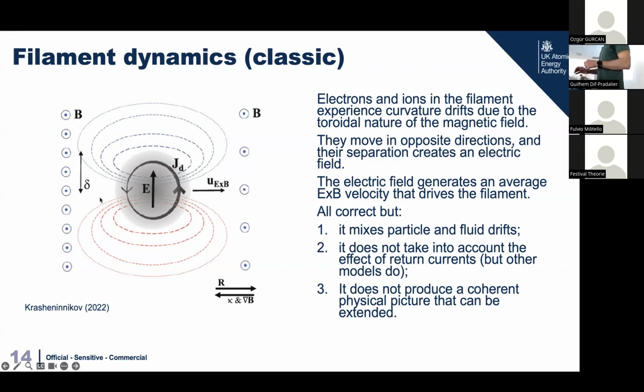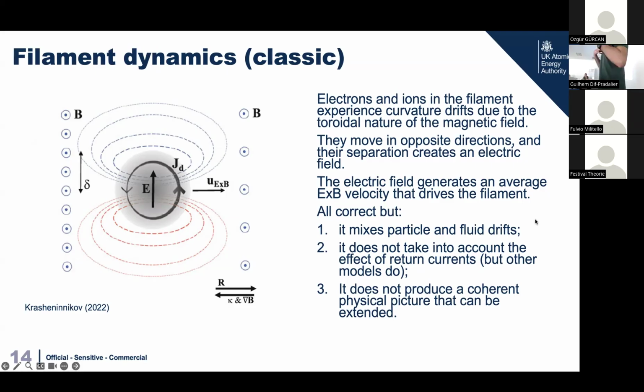And what happens here when you have a magnetic field that is changing in the radial direction, because we have a toroidal magnetic field, is that the ions and the electrons get separated because of curvature drifts. One species goes up, the other species goes down. This charge separation creates an electric field, and this electric field is fundamentally propelling the particles through an E cross B motion. So this is a pretty simple and intuitive picture, but I never really liked it. It's correct, it's perfectly correct, and it holds.